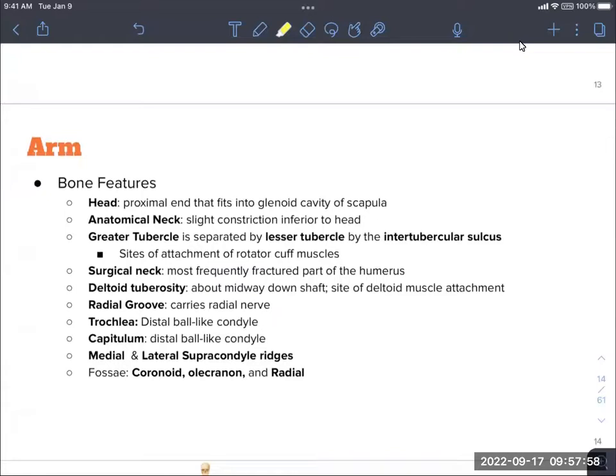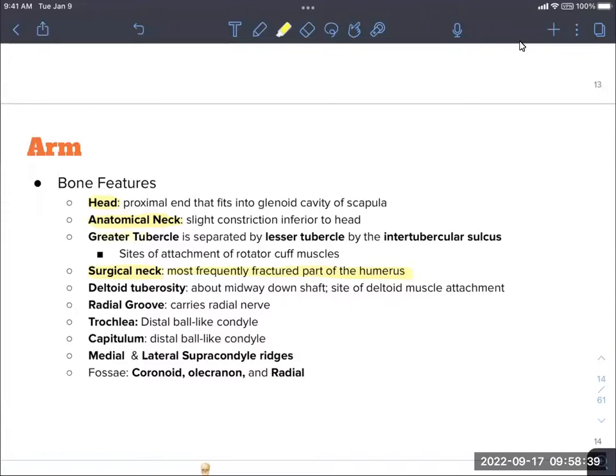So, as we're going to learn, most extremity bones have a head. Your humerus has what's called an anatomical neck and a surgical neck. That anatomical neck is just past the head, just distal. The surgical neck was given a name because it is the most frequently fractured part of the humerus. That's why it was given a name.